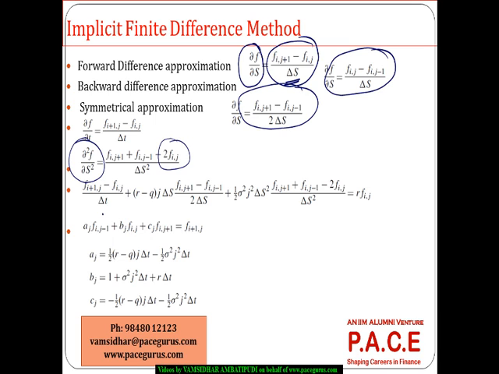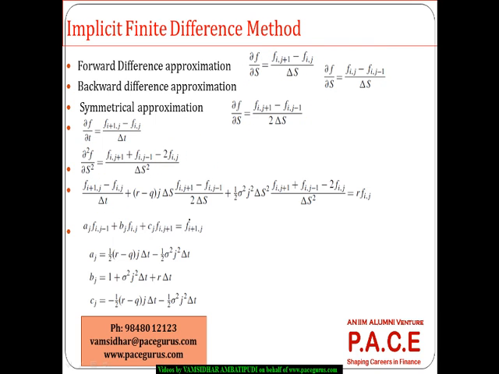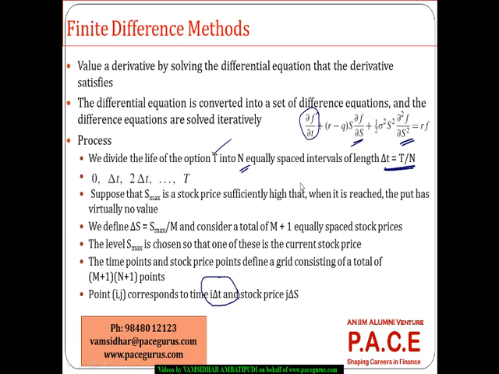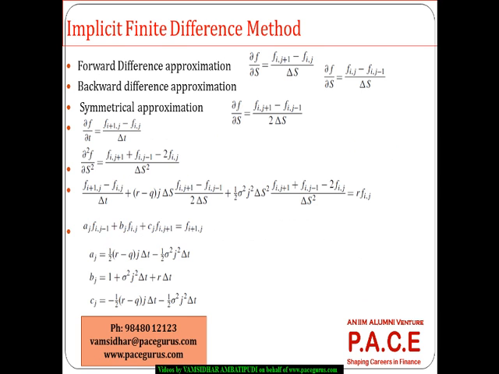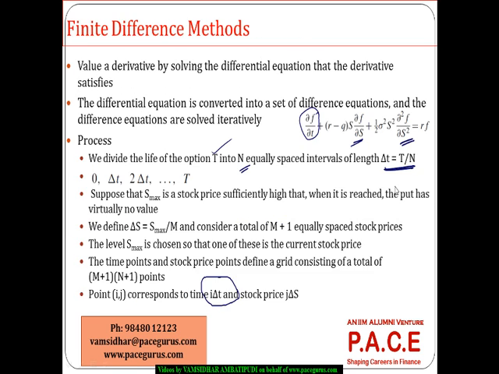Now you could substitute these values in the differential equation which we have got earlier. Dou f by dou t plus (r minus q) s dou f by dou s plus half sigma squared s squared dou squared f by dou s squared should be equal to r f.